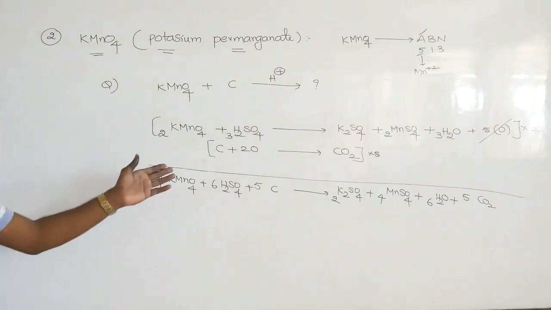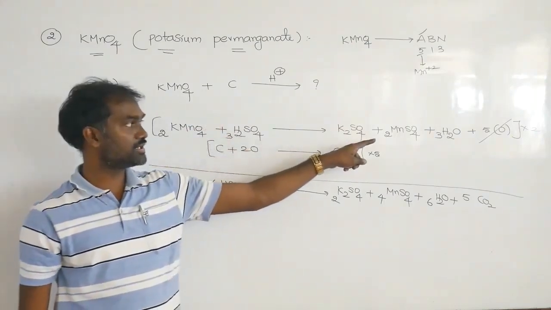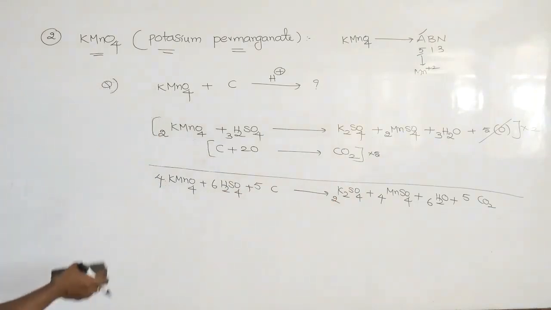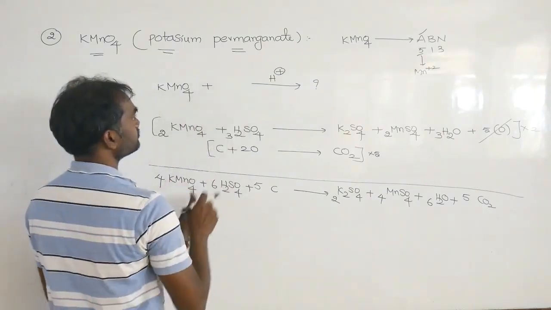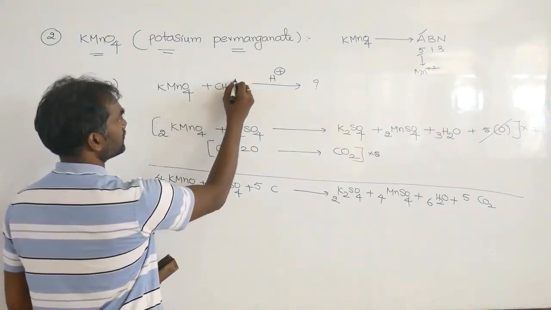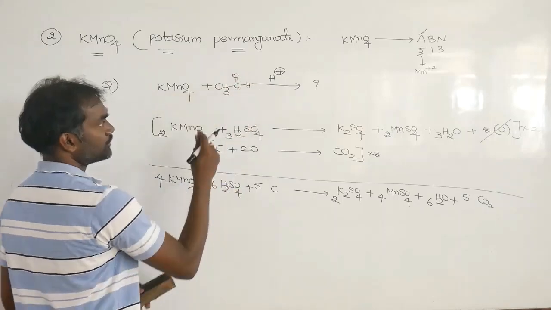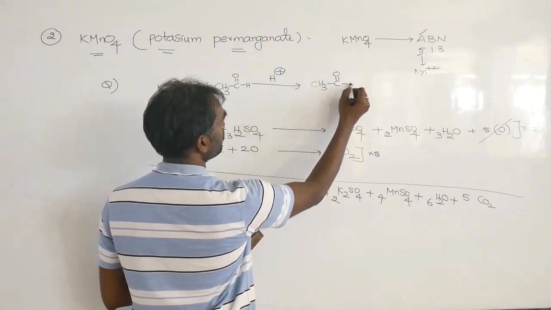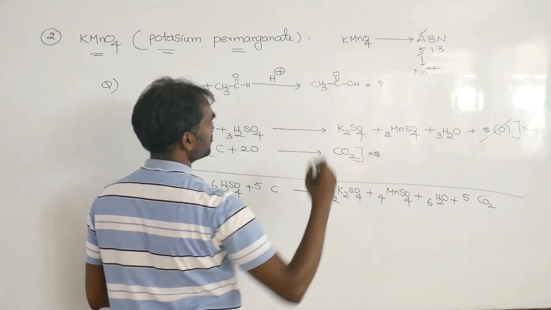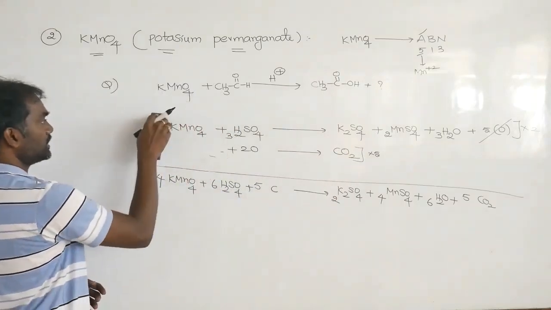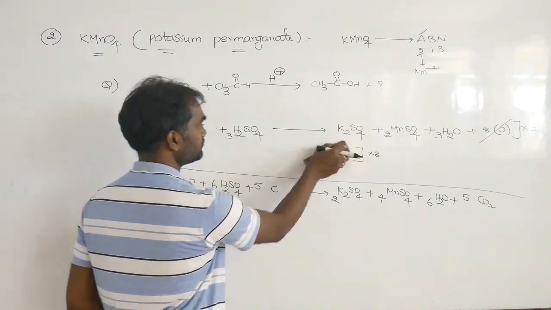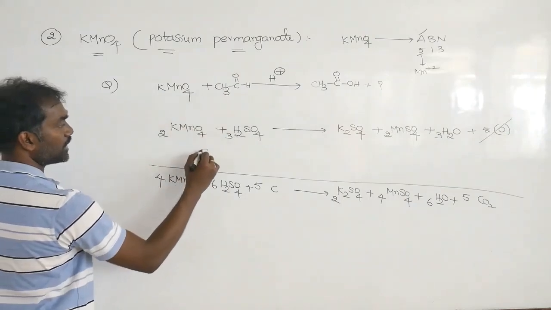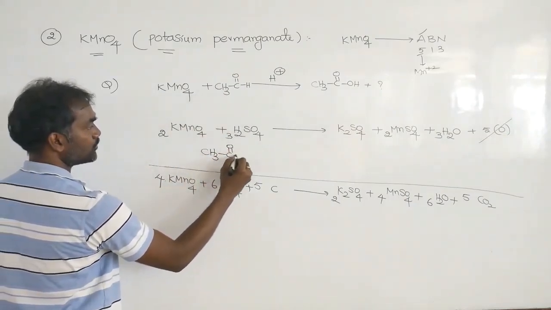So like that, whatever they are given, you take the basic equation and according to that you can conclude. See, one more: aldehyde you have taken, CH3, C double bond OH, so that becomes acid, CH3COOH. So here also you can utilize. First write down the basic equation. So this is our basic equation. Now you take aldehyde, CH3CHO.